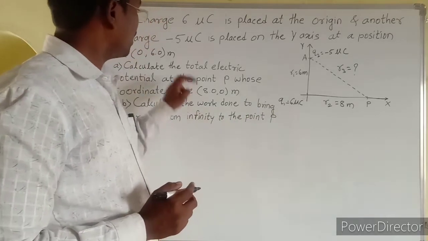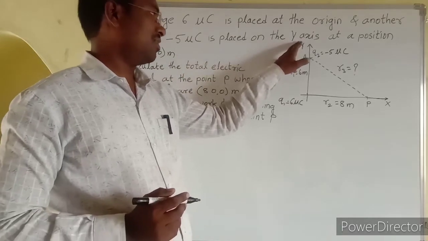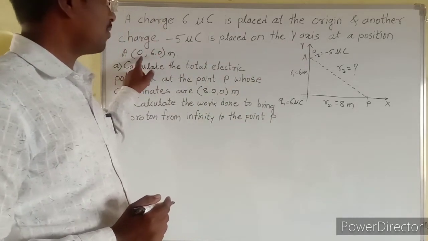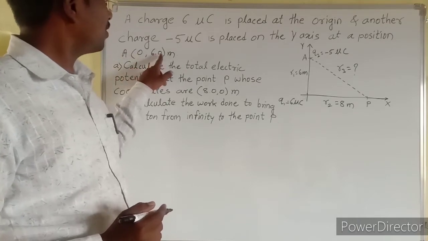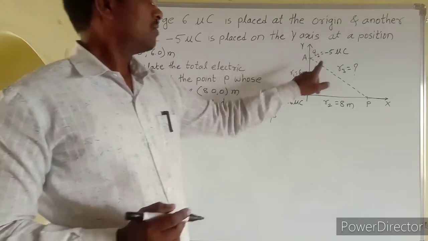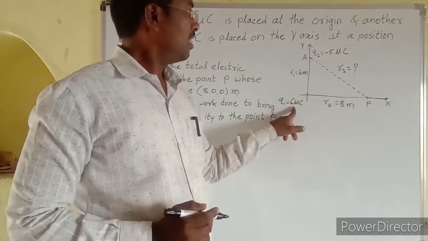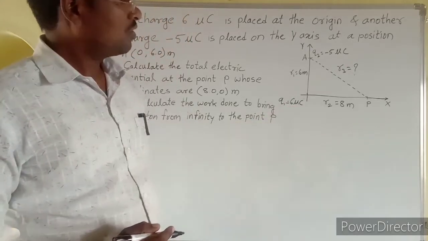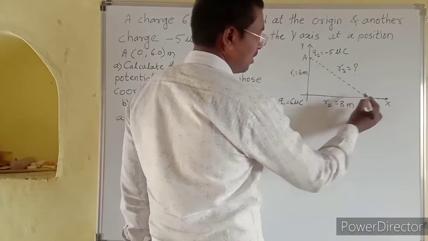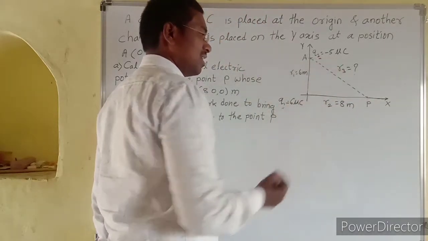And another charge of minus 5 microcoulomb is placed on the y-axis at a point A, 6.0 meter. Here is point A, 6 meter distance from this charge. And we have to calculate the total electric potential at point P. Total means electric potential due to this charge and this charge.